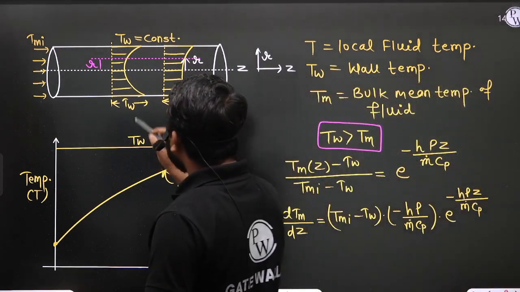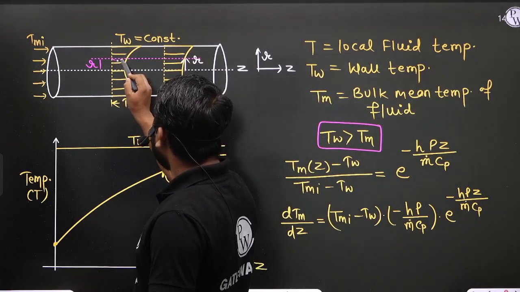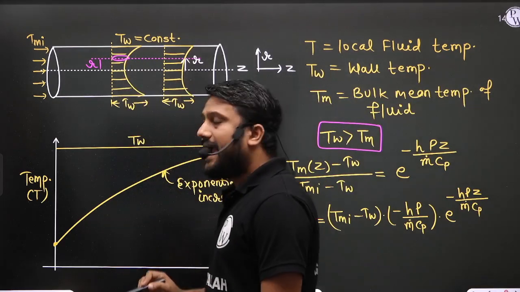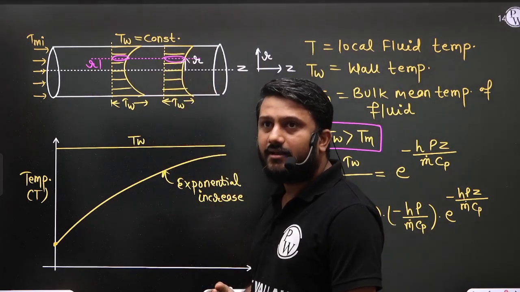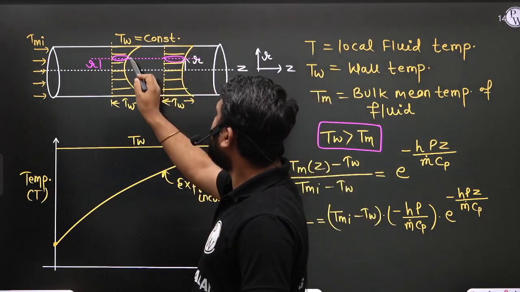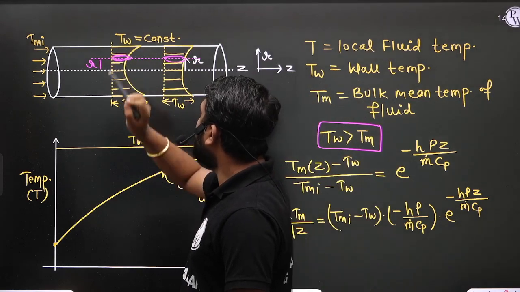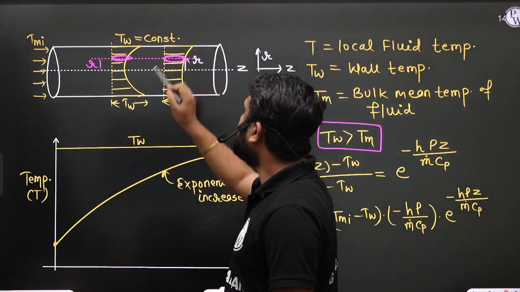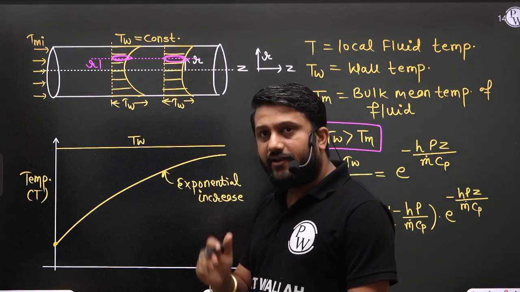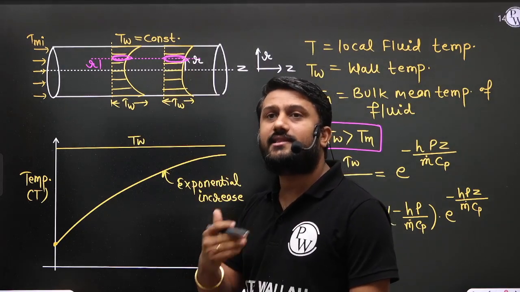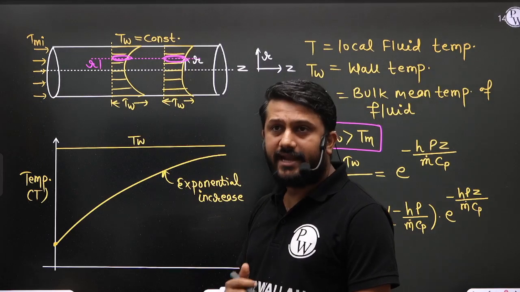And if you see the local fluid temperature here and the local fluid temperature here at a particular r, I am fixing the r, that is not the same. Since heating of the fluid occurs, definitely temperature increases in the Z direction.